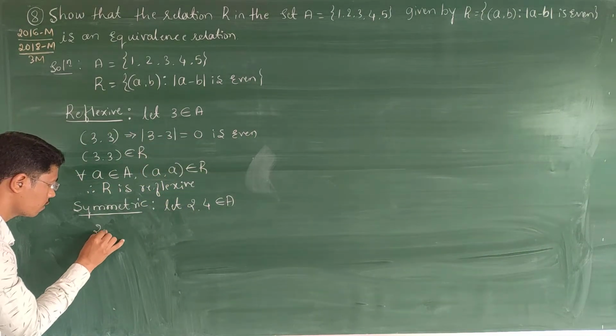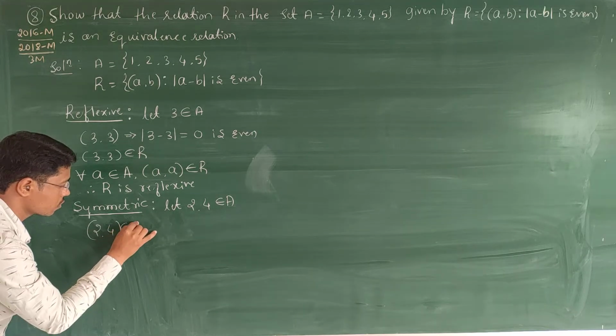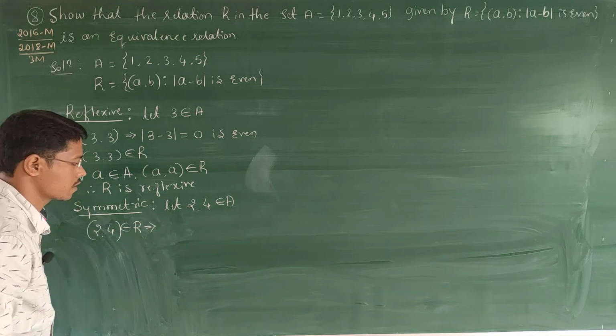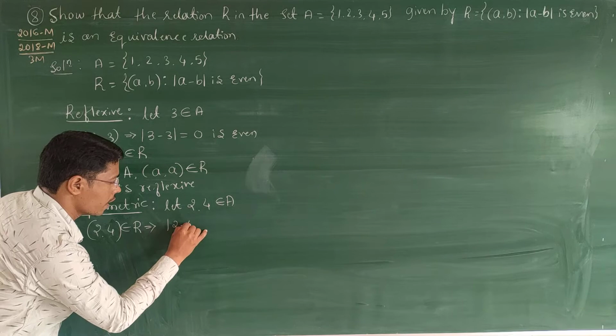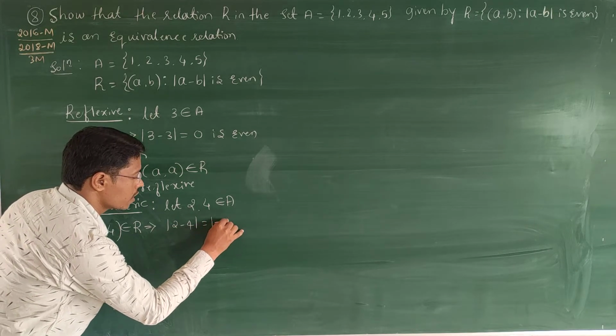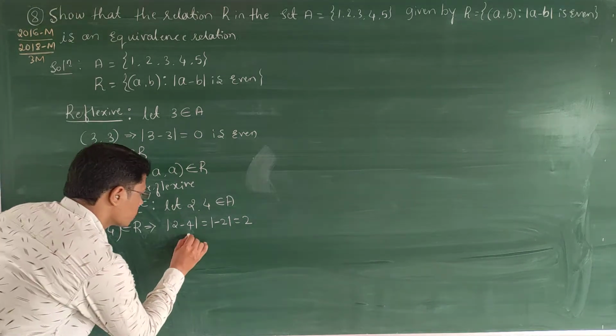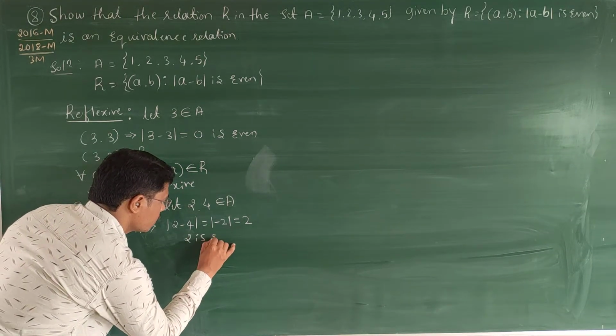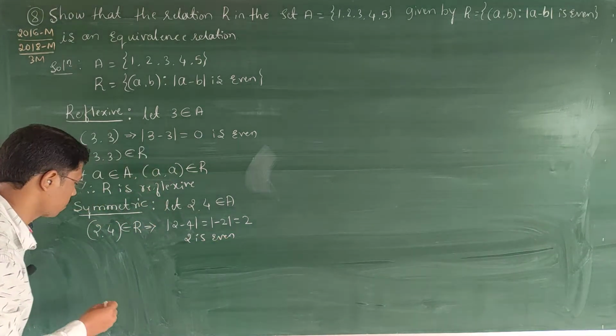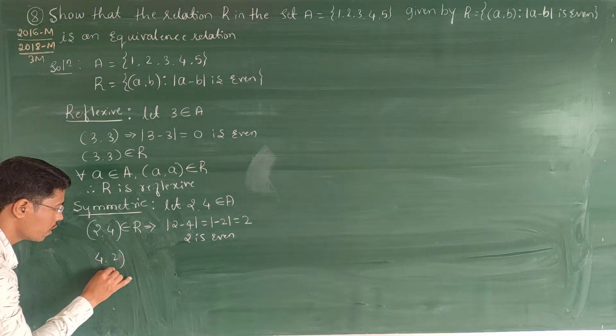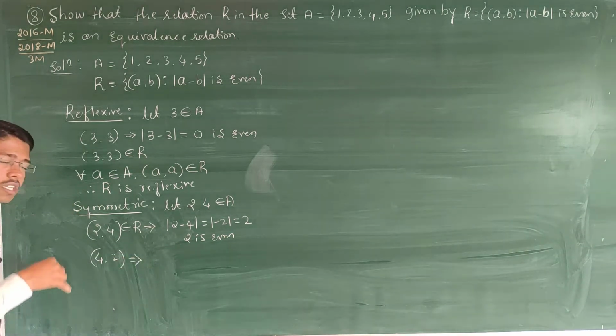(2, 4) belongs to R. This implies |2 − 4| is equal to |−2|, which is equal to 2. 2 is an even number. Now, does (4, 2) belong to R or not? We have to check it first.